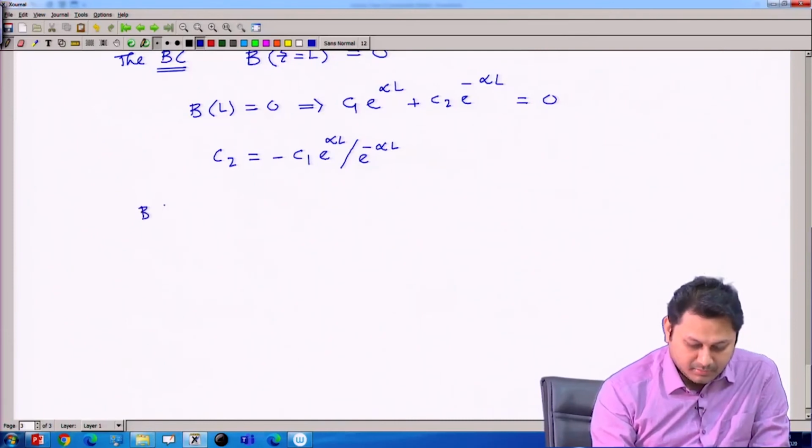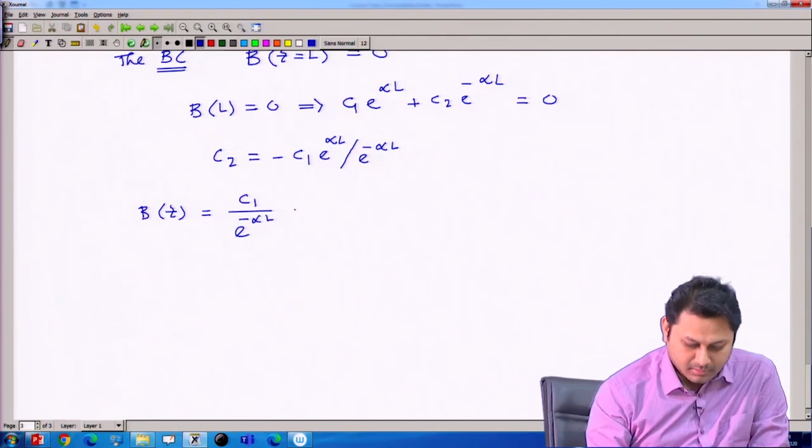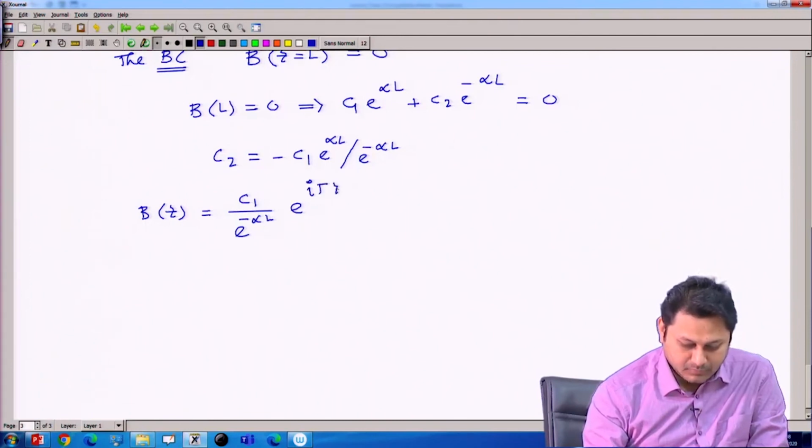Then B(z) will be written as this. C1 I can take common, so it should be e to the power of i gamma z by 2 and the rest of the term, e to the power of alpha (z minus L) minus e to the power of minus alpha (z minus L).